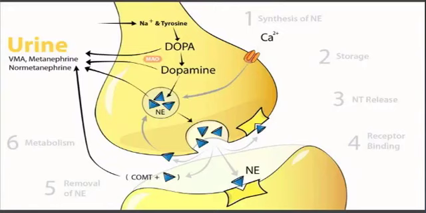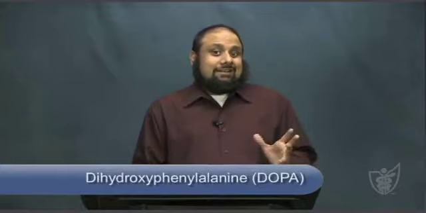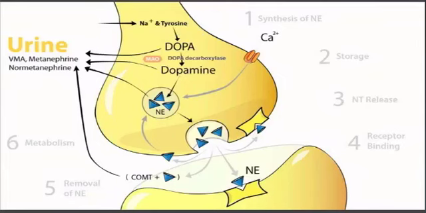Tyrosine is transported into the axoplasm by a sodium-linked carrier, where it is hydroxylated by tyrosine hydroxylase and becomes dihydroxyphenylalanine, which is DOPA. Now, DOPA, dihydroxyphenylalanine, say that a million times, is decarboxylated by, you guessed it, DOPA decarboxylase to form dopamine in the cytoplasm of the neuron.